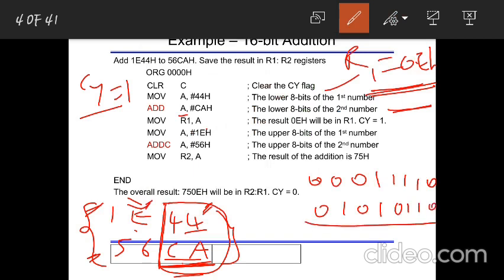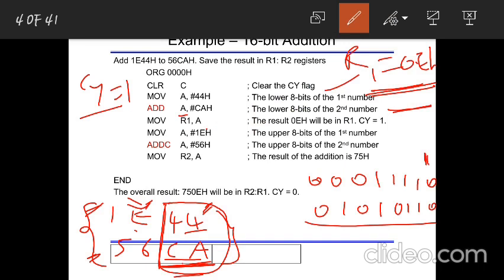Now these are the two values. After that I also want to add the carry here. If I add a complete 16-bit number manually in your book, I will write all the 16 bits at a time. So in total you will have D0 to D15 bits, right?